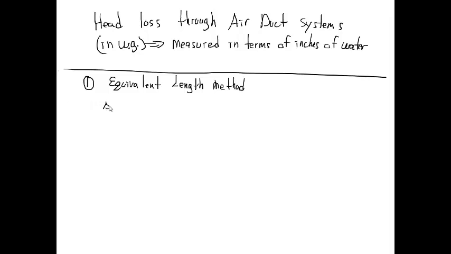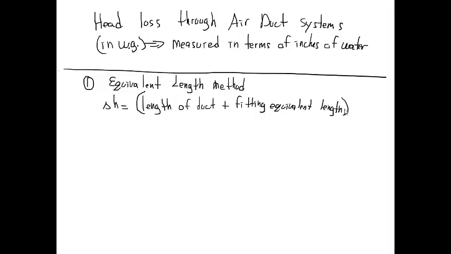This basically is telling us that the total loss is going to be the actual tape measure length of the duct plus the fitting equivalent lengths, all multiplied by pressure per equivalent length.